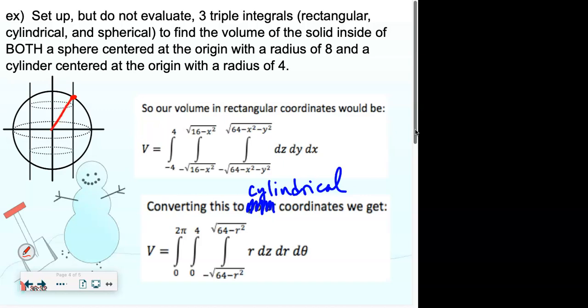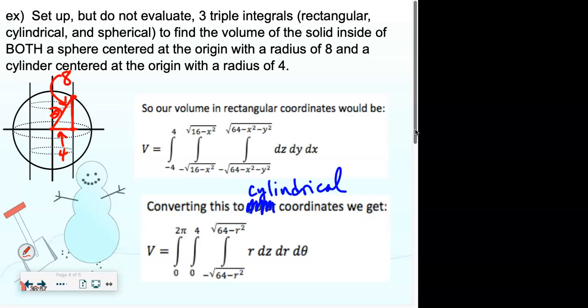Okay, so the first thing we have to find is phi. I know this angle is my phi. This length right here is 8, and this distance right here is 4. It's another 30, 60, 90, right?